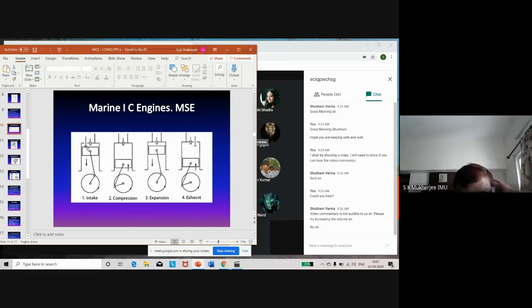All right. In the case of intake, the inlet valve opens, the piston is coming down, so the air fills up. In the upward stroke, after it is past the bottom dead center, while it is going up, it will compress the air. That is the compression stroke. Similarly, after it crosses the TDC, the piston starts coming down, that is the expansion taking place.